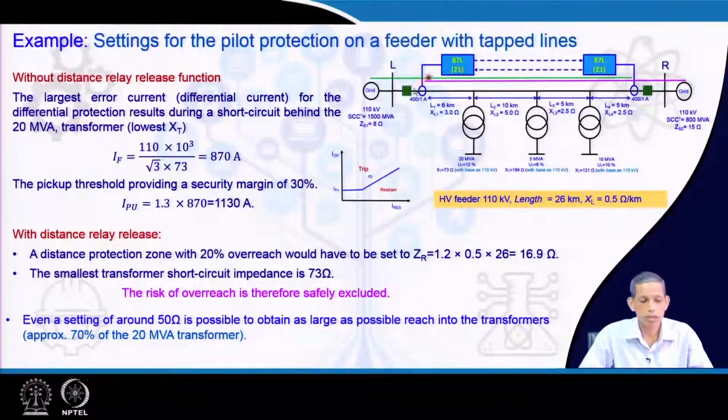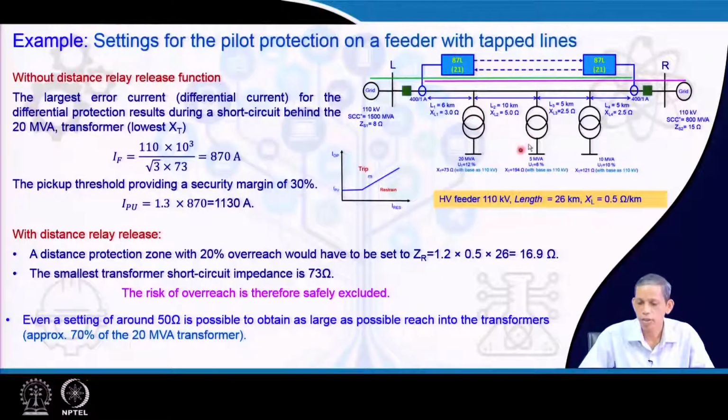What this distance relay does is supplement the 87L to be initiated, and the 87L, based on its percentage bias differential, can make a decision whether the fault is internal or not. That is where this 21, the distance relay with 120% setting, helps in deciding the corresponding feeder protection in such a tapped arrangement.